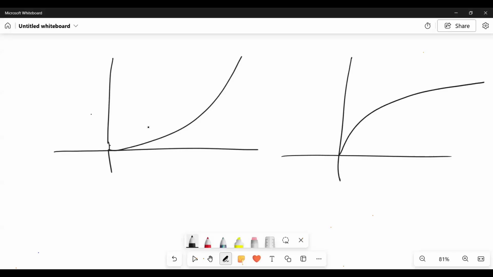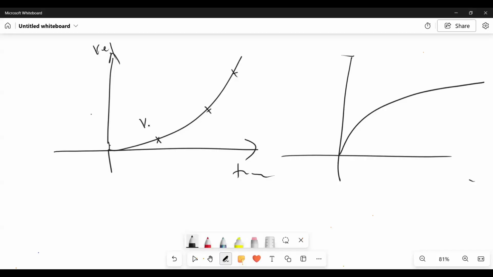So if this is velocity and this is time, the same thing here: your gradient here and your gradient here are different. And therefore, you're not moving at constant velocity. You're not uniformly accelerating here.